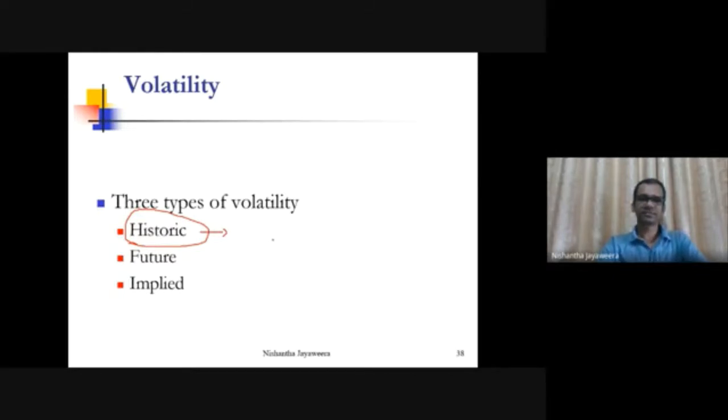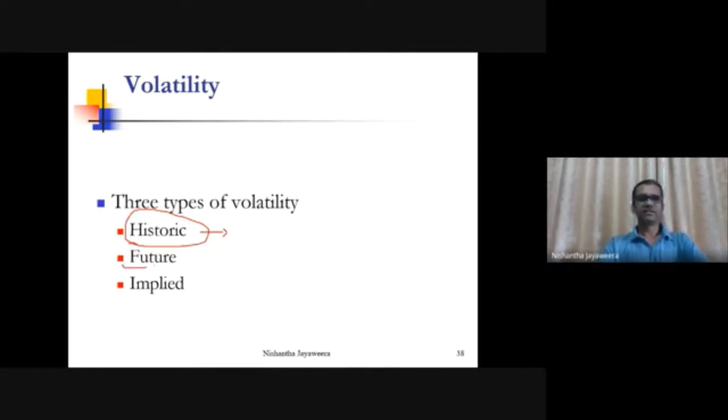But when you price an option, what do you consider? Can you take the historical volatility? You can use it, but then you assume that historical volatility prevails in the future for whatever the lifetime of the option.